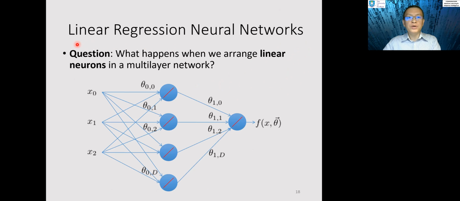And what if we design a neural network using multiple linear regressions? For example, the first layer is a linear regression, and the second layer is also a linear regression. So we use linear neurons here, and also linear neurons here. What will happen when we have such a multi-layer network?